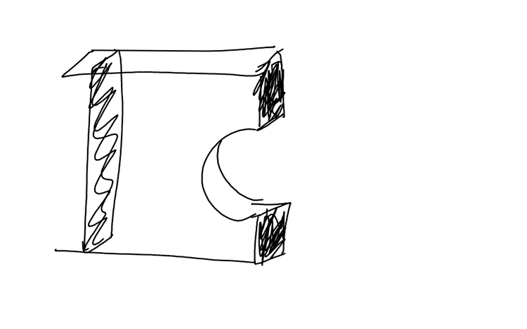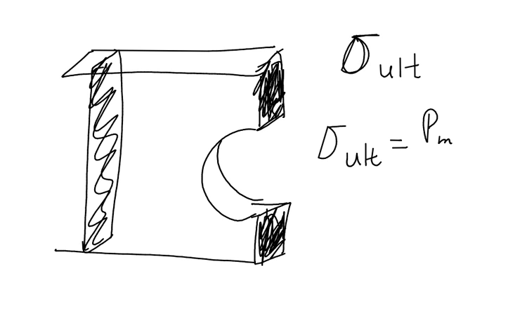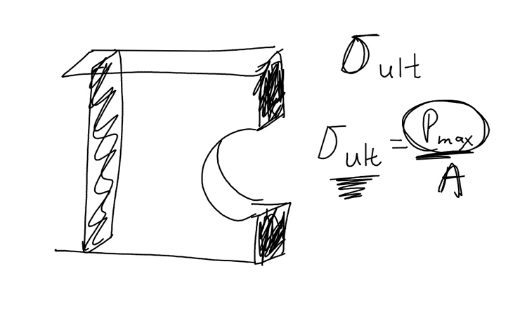Another way of looking at this is I know I could only apply up to sigma ultimate. So sigma ultimate is equal to P max divided by area, and sigma ultimate is a constant. How do I find what the largest force I could apply is?